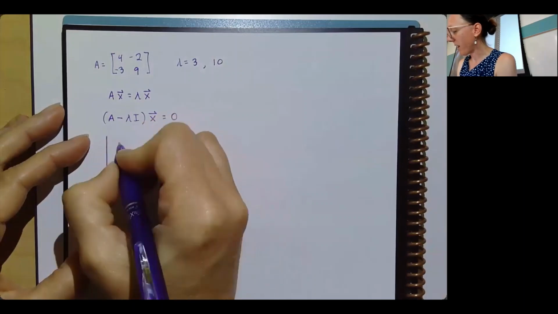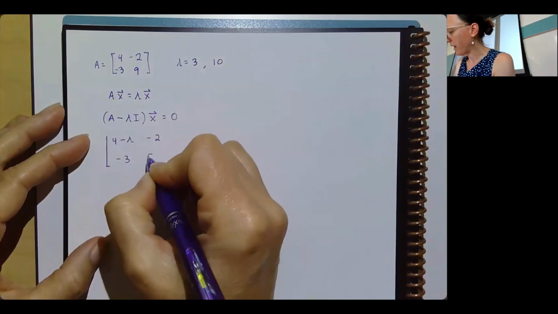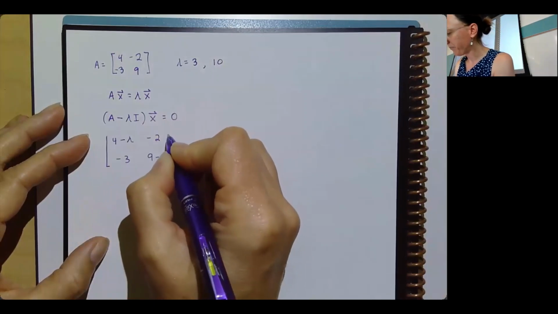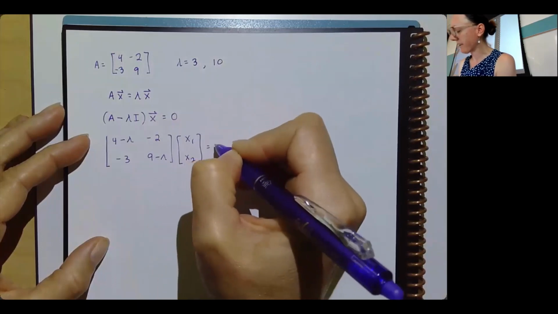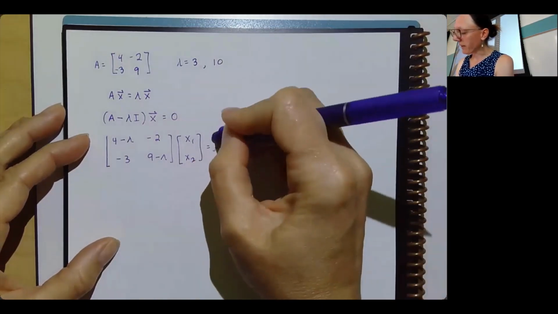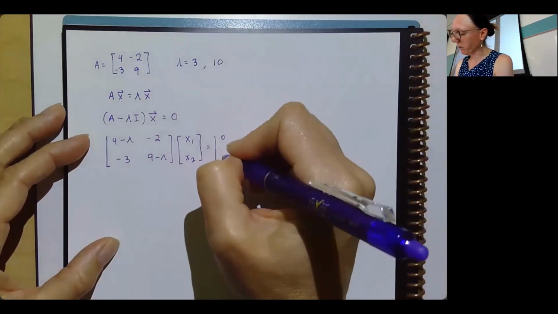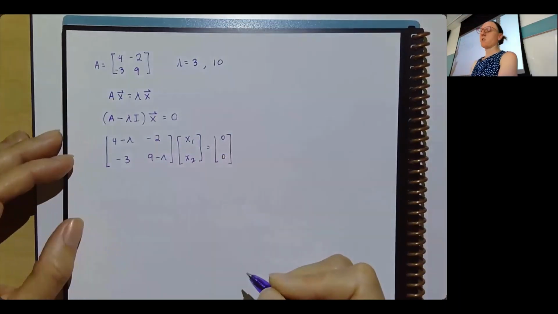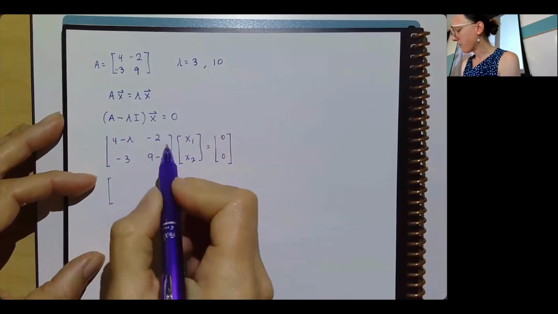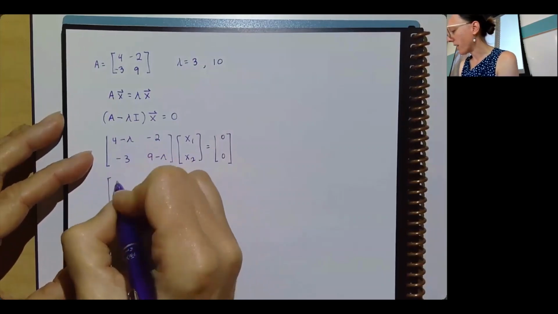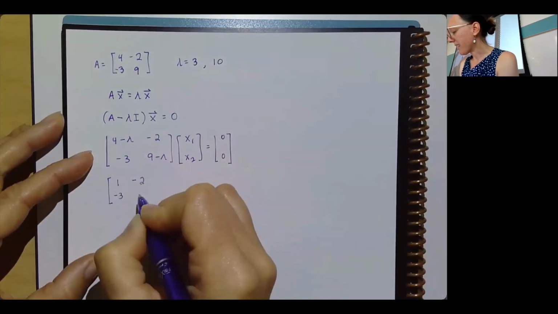So that A minus lambda I matrix, the 4 minus lambda, -2, -3, 9 minus lambda, times my x1, x2 vector is equal to 0. And when we think about that 0, we need to make that 0 the 0 vector if we're going to do it this way. So if I choose to let lambda equal 3, then this matrix: 4 minus 3 is 1, 9 minus 3 is 6.